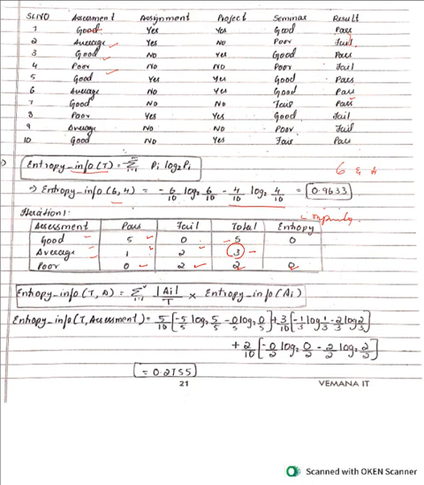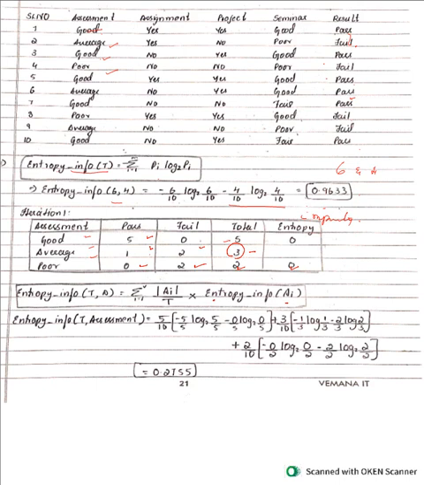Now substitute in the entropy information for the attribute, given a sample data set T. We use the formula: the total instances of the attribute divided by the total samples in the data set, into the entropy information of that attribute. Okay guys, so what is the total instances here?